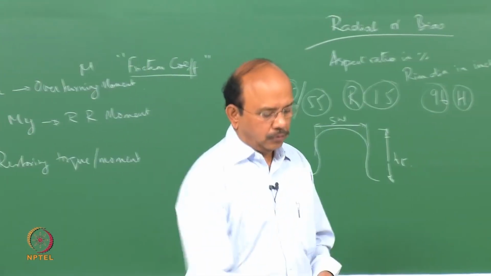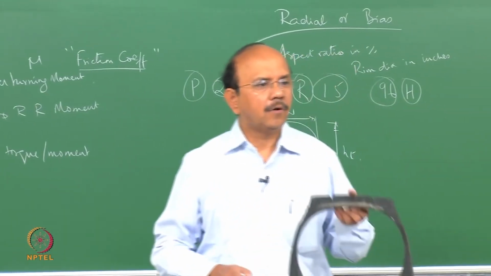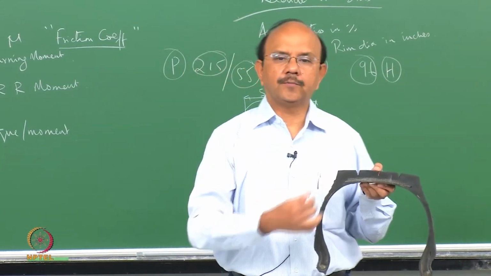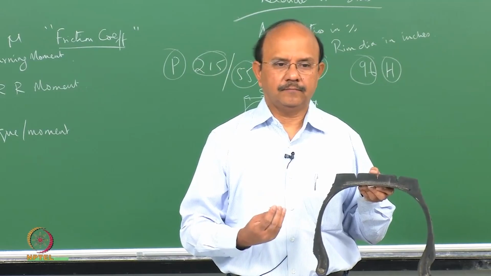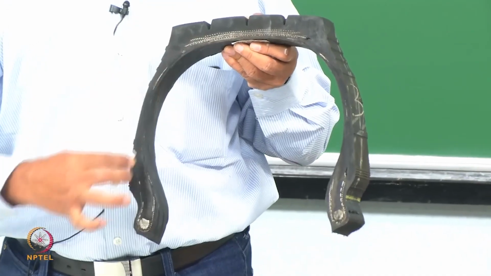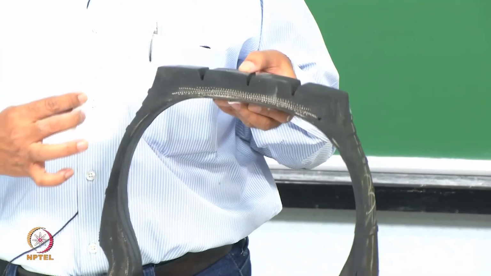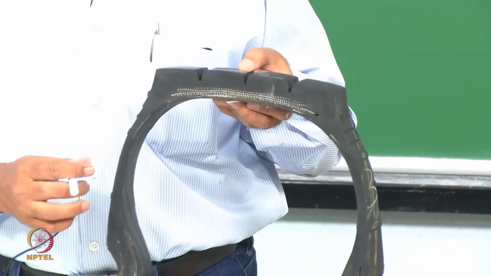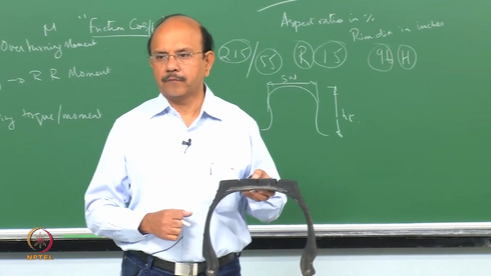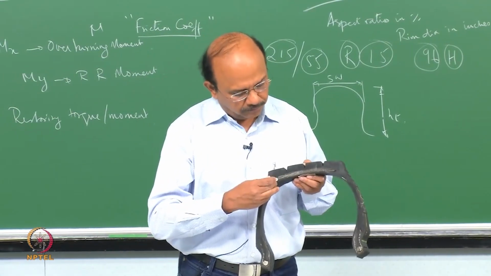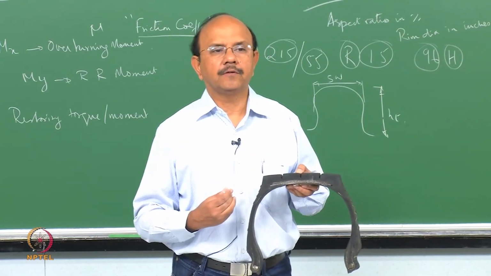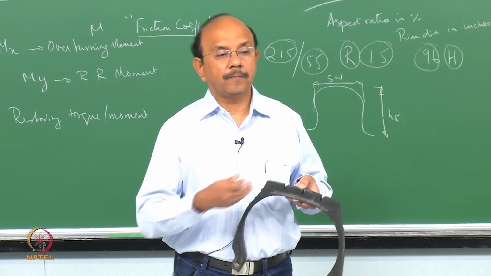Though you see that they are all steel radials, it is not necessary that all the reinforcements are made up of steel. Some of the reinforcements you see here, section of which we will see in the next class, are made up of polyester materials, and the belts, as they are called, the reinforcements are made up of steel.